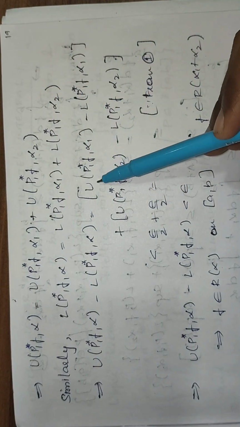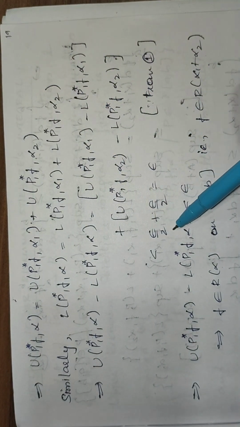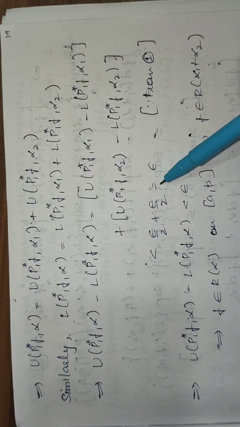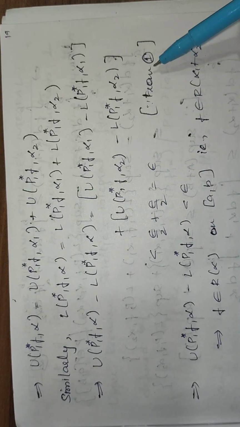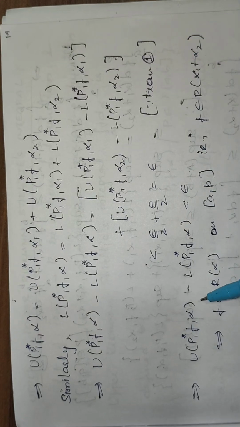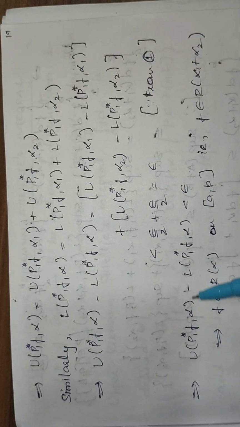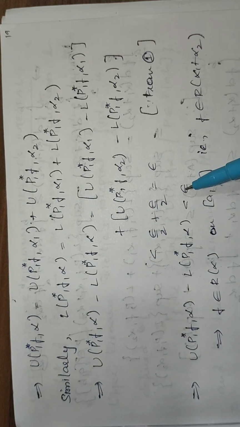So this is less than epsilon by 2 plus this is less than epsilon by 2, that is equal to epsilon from equation 1. So at last we have U of P star comma f comma alpha minus L of P star comma f comma alpha less than epsilon.